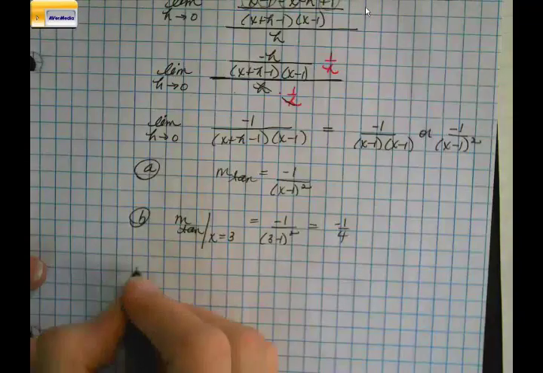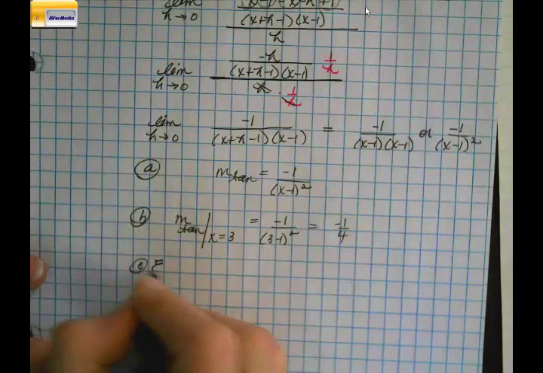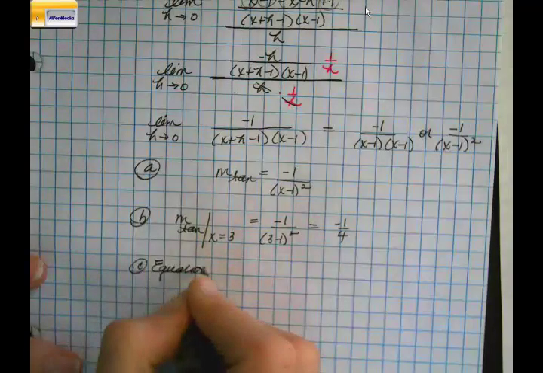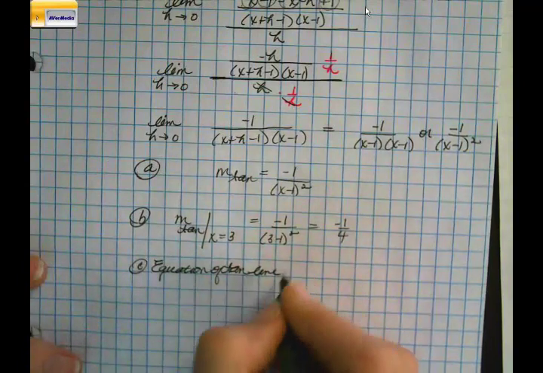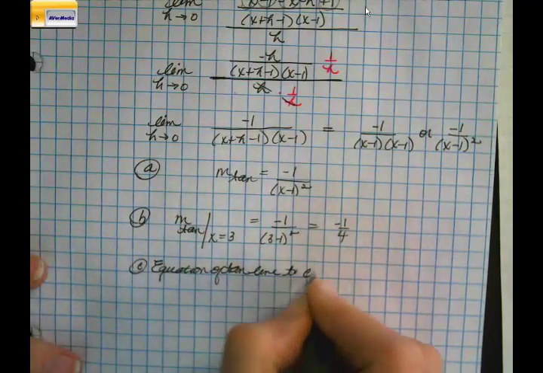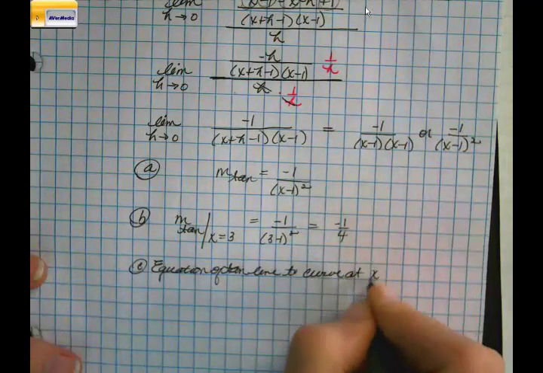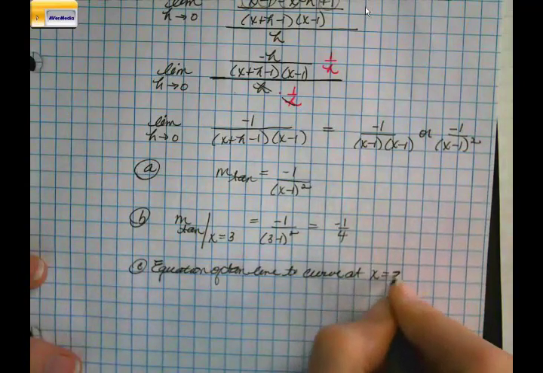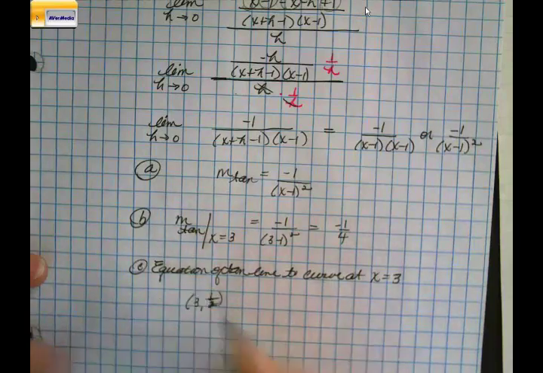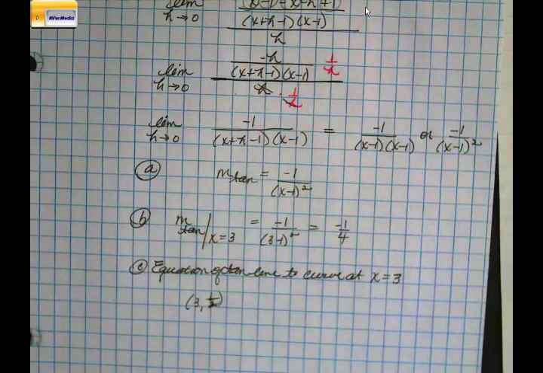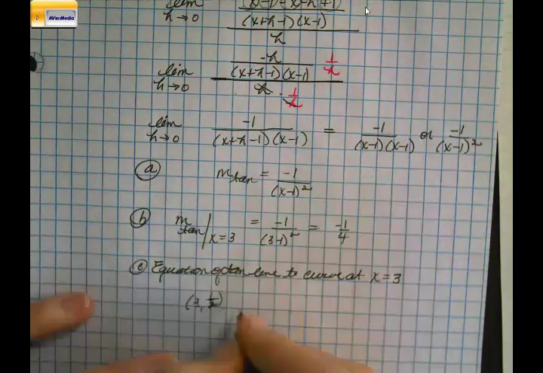And then if they want the equation of the tangent line to the curve at x equaling positive 3, I have now the point, which is 3, 1/2, the point on the curve itself, and the point which is actually on my tangent line also, because it's where they meet.